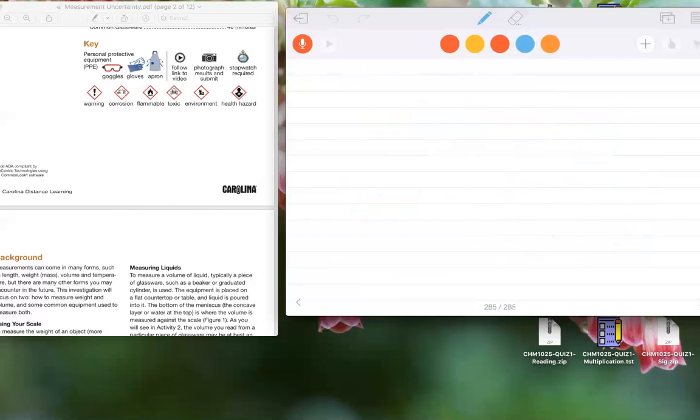Now, the last type of zeros you have to be able to identify in a number are trailing zeros.